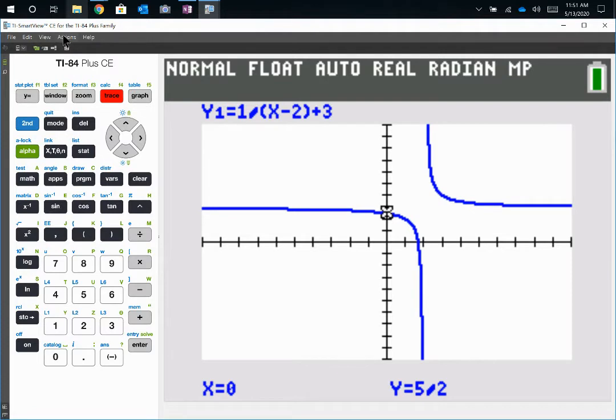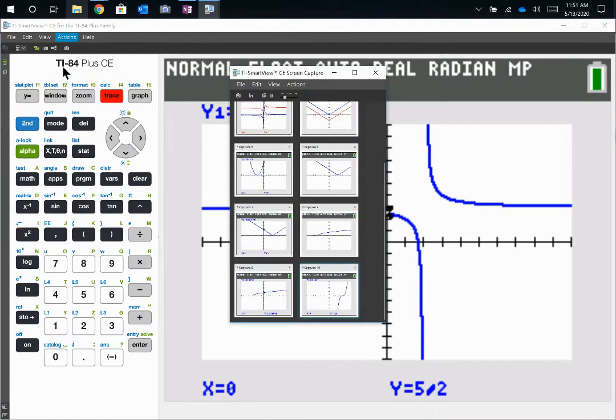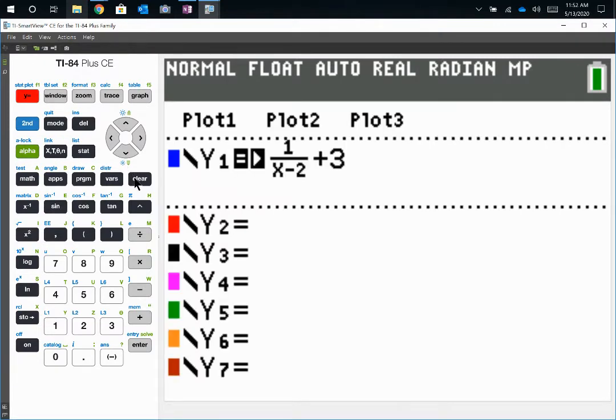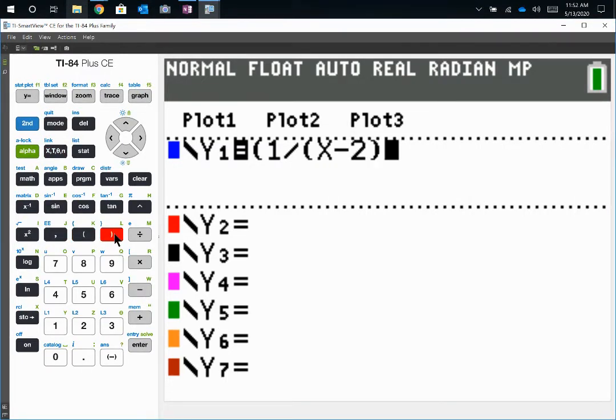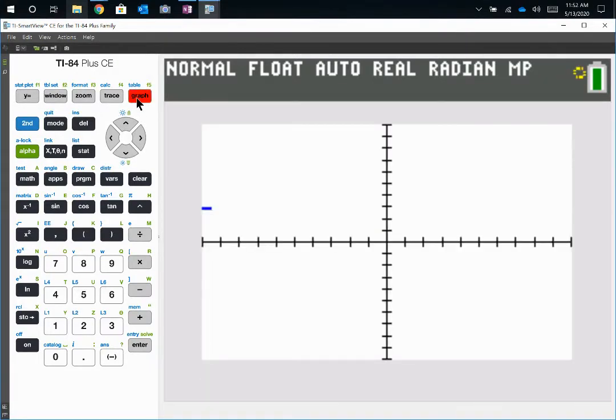I'm going to show you another way to do that as well. If you're doing it any other way, you'd have to put that one part of the function, 1 divided by x minus 2, and then add 3 to the whole thing and graph it.